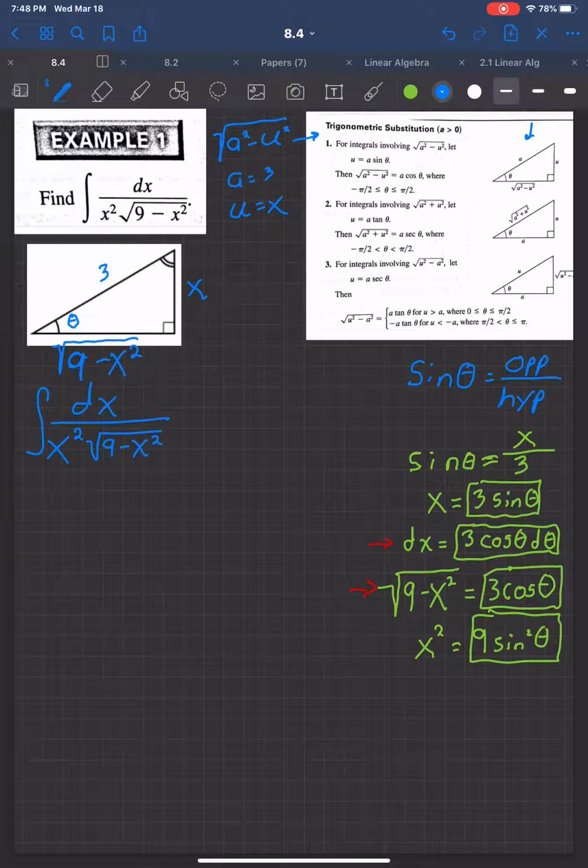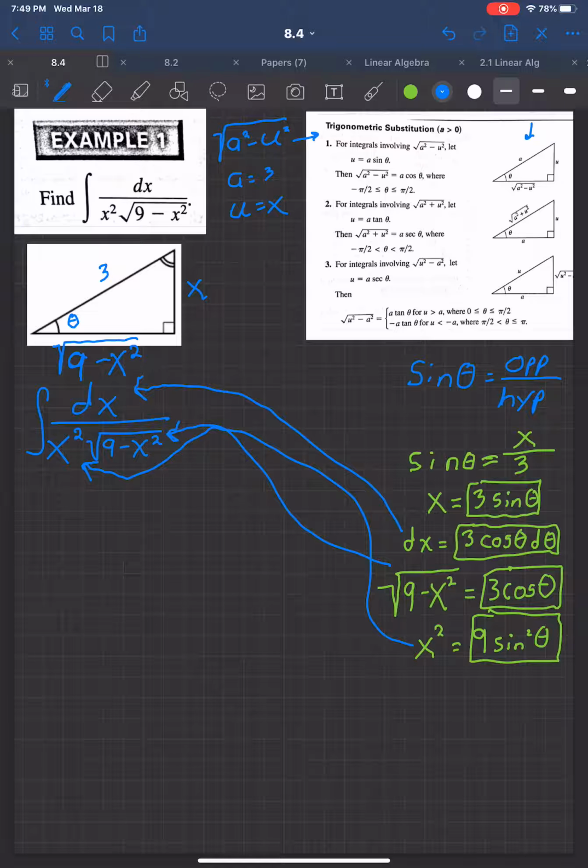I'm going to draw you some arrows, and then in just a second I'll erase these arrows. Ready? So dx is going to be substituted here. x squared is going to be substituted here. And the square root of 9 minus x squared is going to be substituted here. I'm going to now do that substitution.